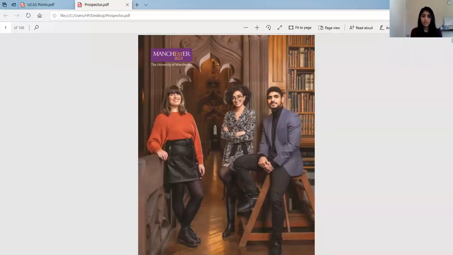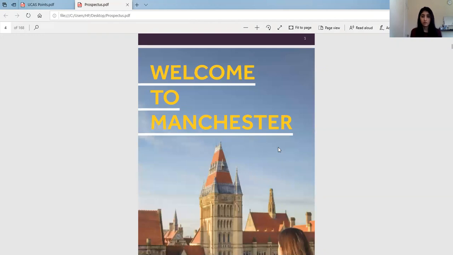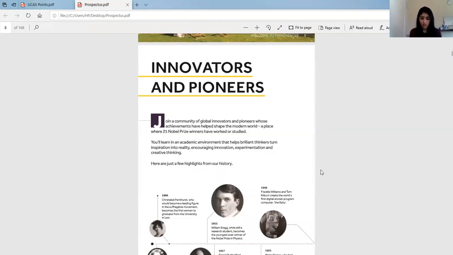So here's the prospectus. Again, like I mentioned at the start, it has lots of information about the university and what Manchester's like. And then later on, it will have information about course units. You can also use the contents page at the start to help you search for a particular course unit you're looking for.